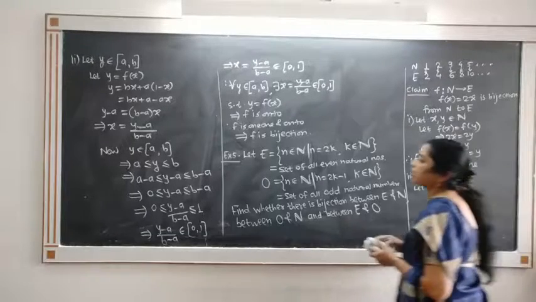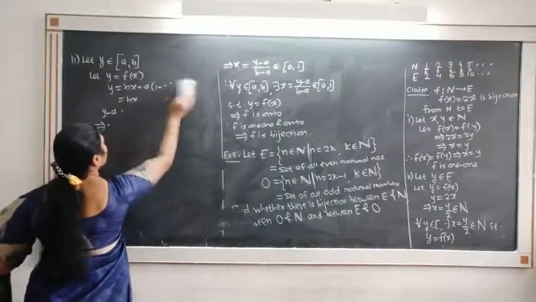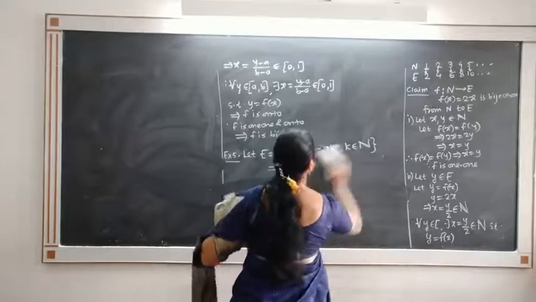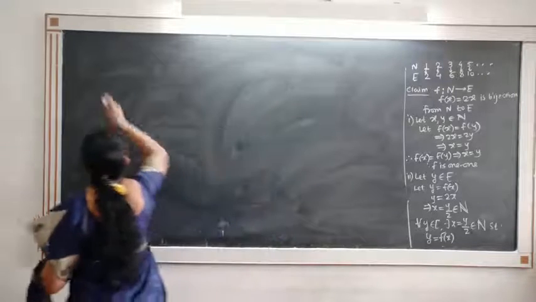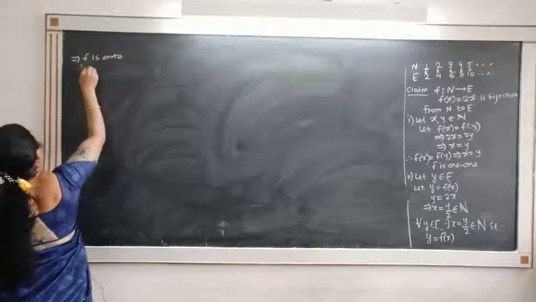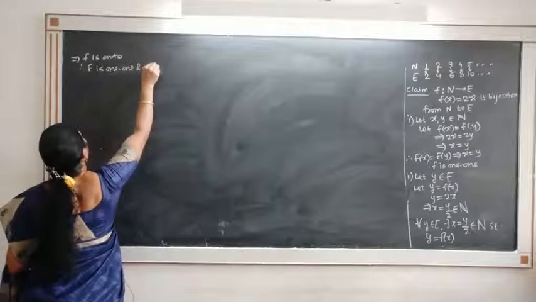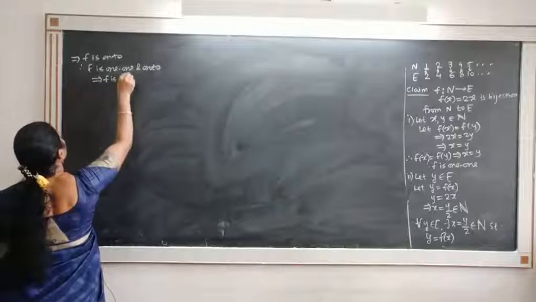This implies that f is an onto function. Therefore, f is one-one and also onto, which implies that f is a bijection.